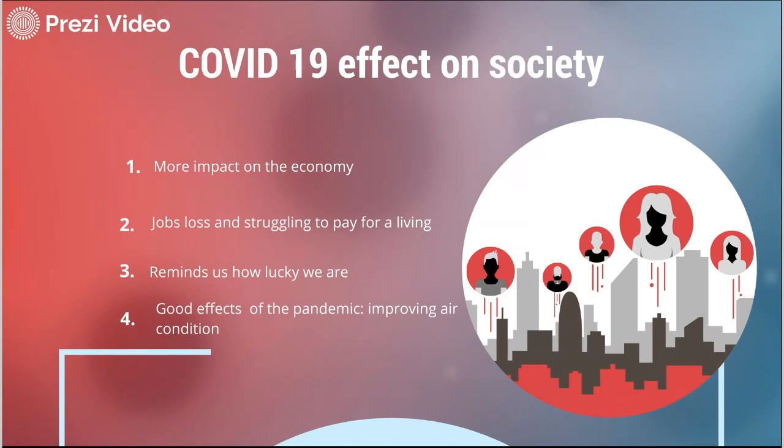But for those who are lucky, it reminds us how lucky we are to have the exponential technology present today so that we can have a better chance at still working at home. There are also good side effects of the pandemic, which is improving our air condition. According to Time magazine, global air pollution has fallen due to the coronavirus outbreak.